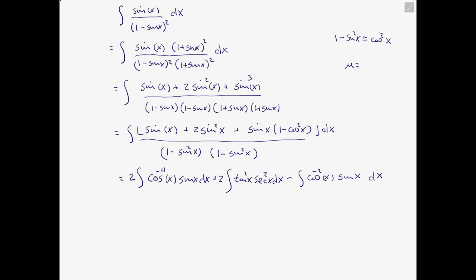Let's just clean things up a little bit. So now we use u equals cosine x, du equals minus sine x dx. We have p equals tangent x, dp equals secant squared x dx.